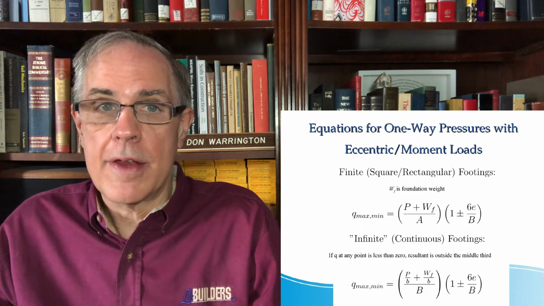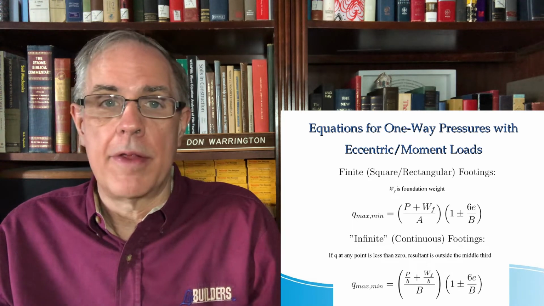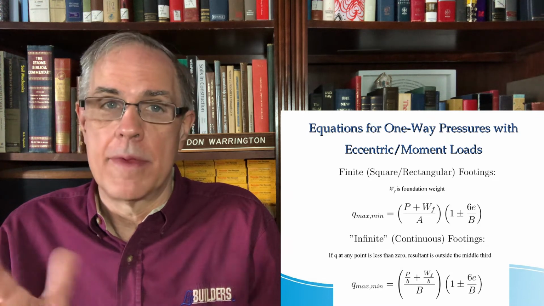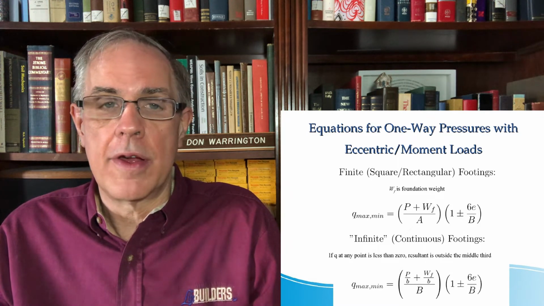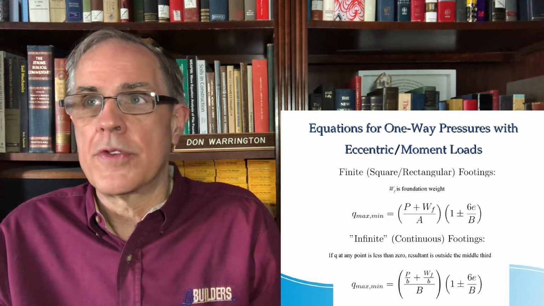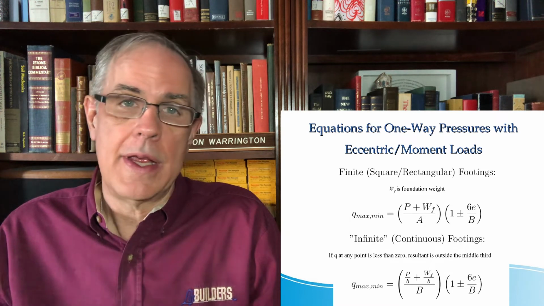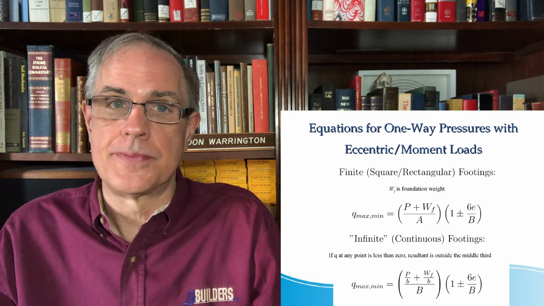If you have a negative, you're out of the middle third. So you can compute them either way, and you can compute them both ways if you want to. If you compute something that looks in the middle third, and then you compute the Qmax and Qmin, and all of a sudden one of them is negative, then you know you've got a problem somewhere.